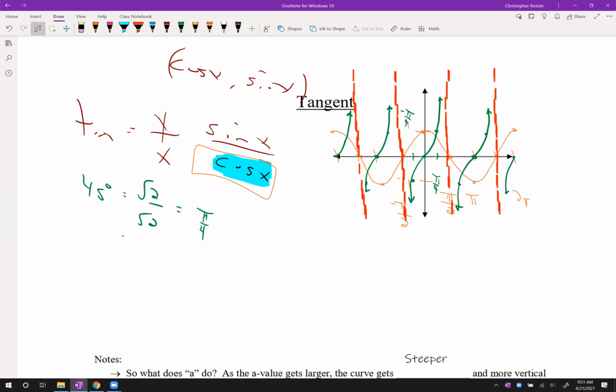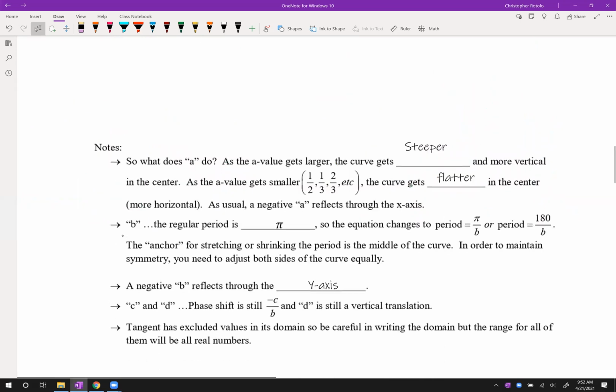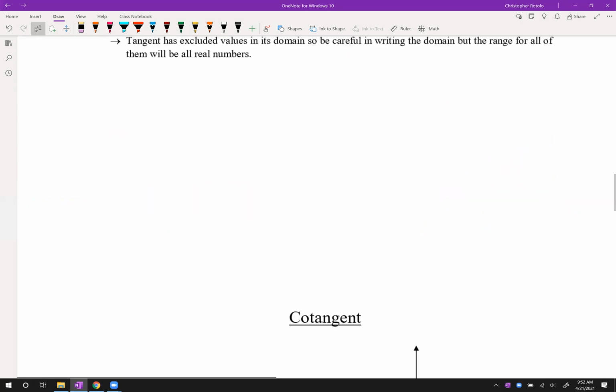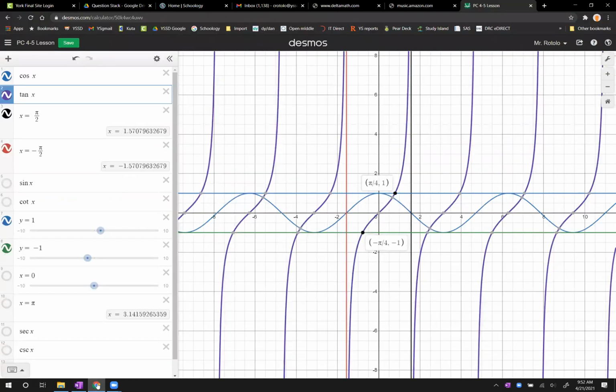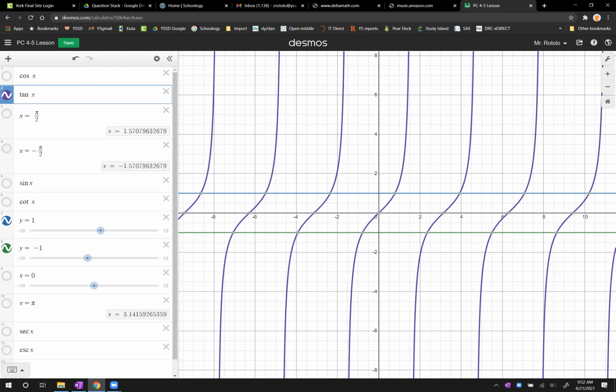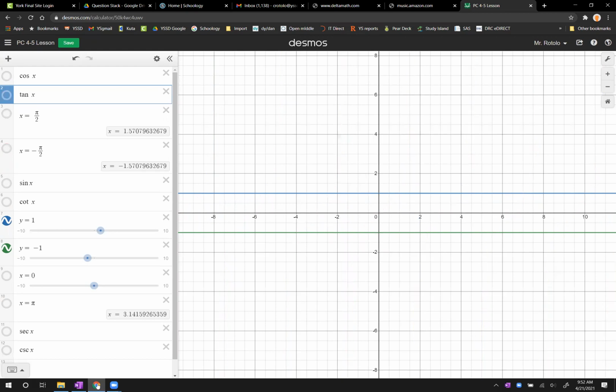All right, so what happens when we then make it cotangent? Well, what is cotangent? I know, awkward pause. Remember, that's cosine over sine. So let's go back and check out this Desmos because you saw I had some extra stuff in there. Let's take some of these out. Let's take them all out. Very slowly, apparently.